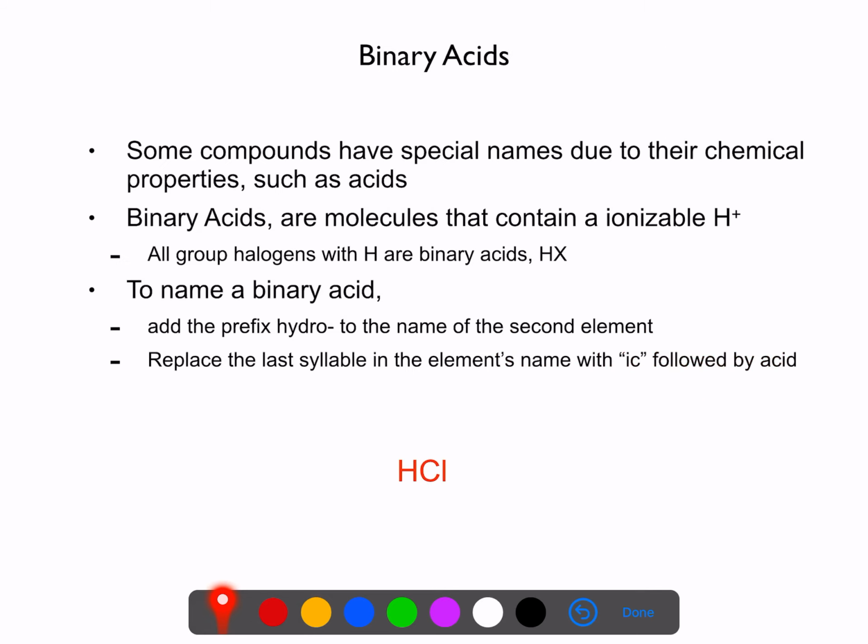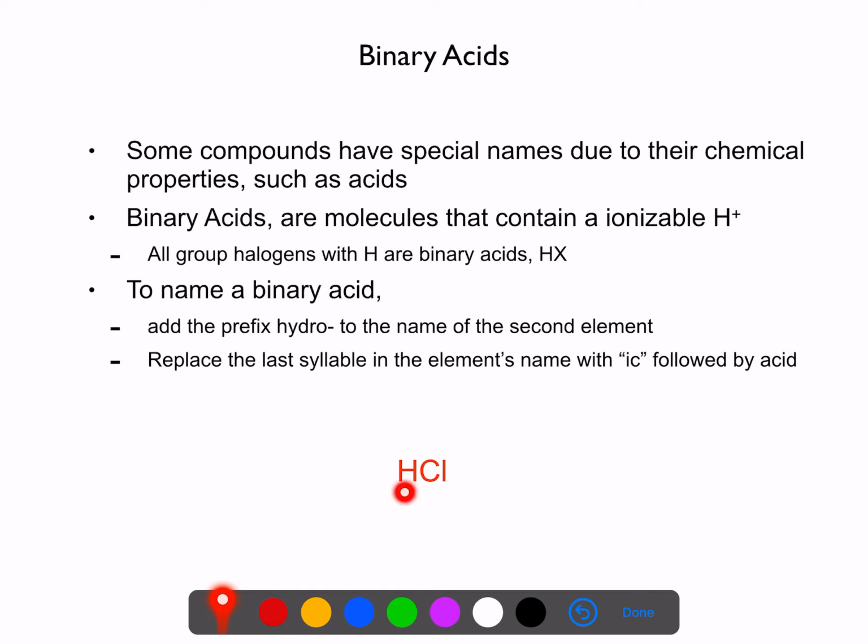The last type of our naming nomenclature we want to go over is a system for naming binary acids that you will see sometimes and we'll see later in the semester. Binary acids have a slightly different naming system, and in general, our binary acids are going to be when we have a hydrogen bound to a halogen.